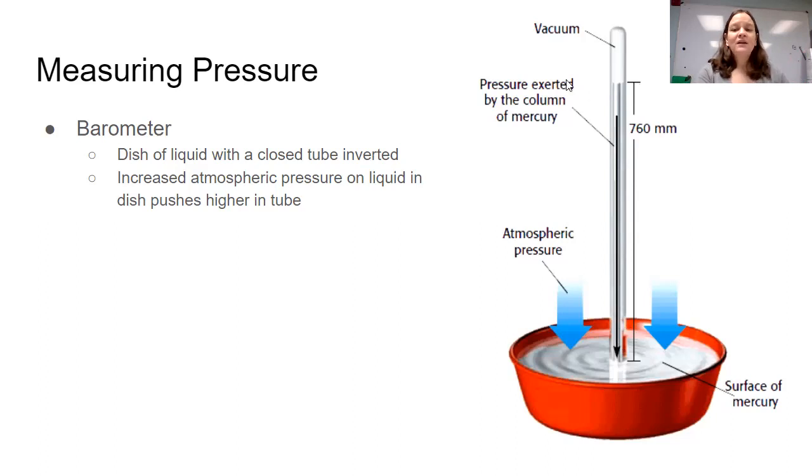On days where you have higher pressure, the mercury in the tube would be up higher. Lower pressure, it would be down lower. So the atmospheric pressure affects the height of the mercury in the column.